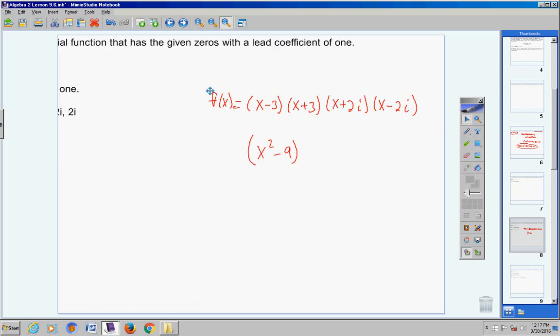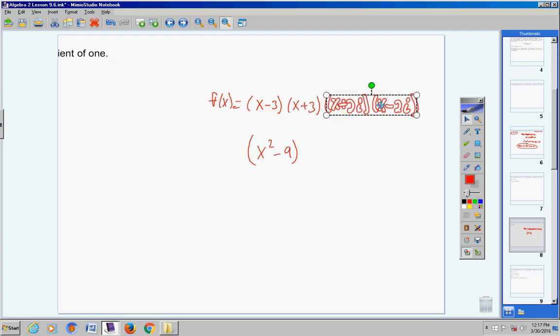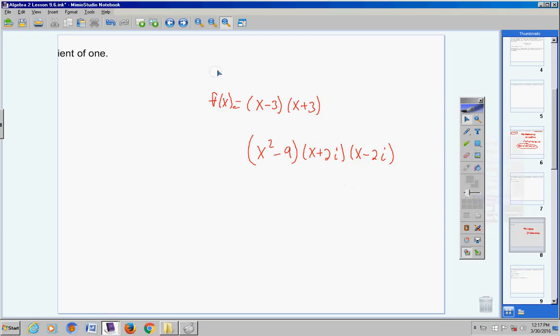You multiply your first two parentheses together, and you get this. Now, students, what you would do next is take this parentheses times this parentheses, and oh my goodness, it gets so ugly. You're going to have x's, imaginary numbers, everything.